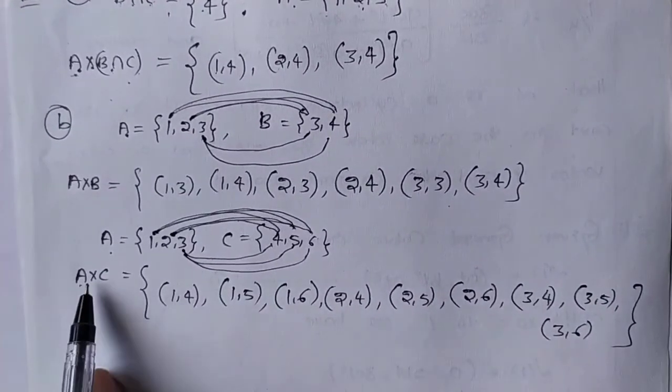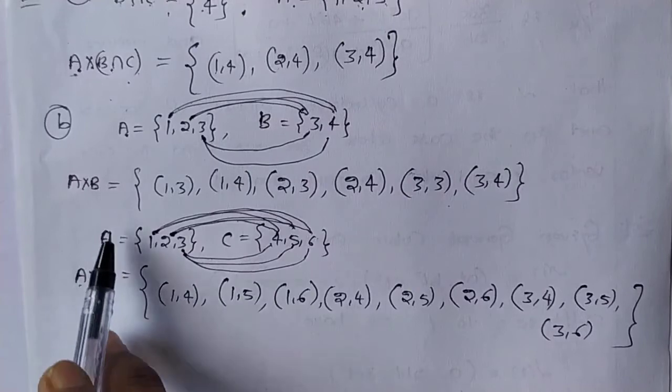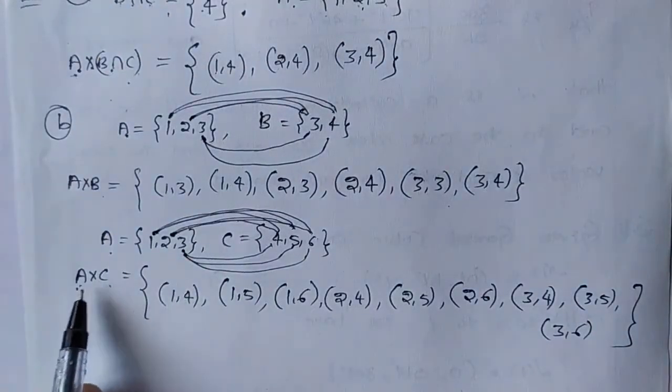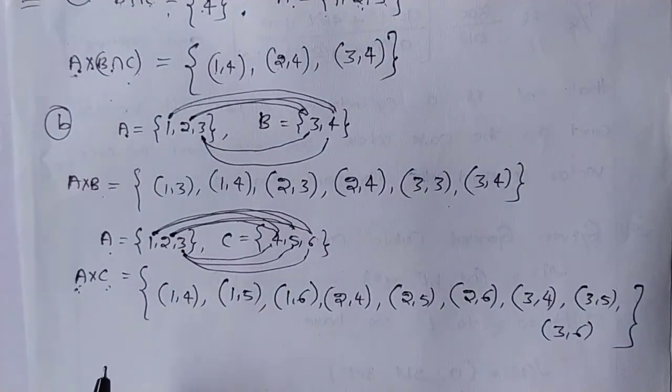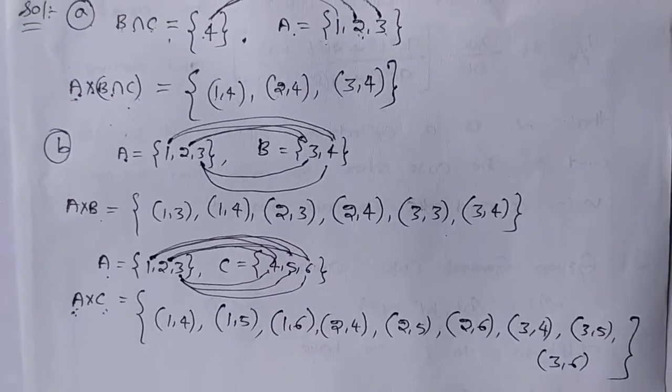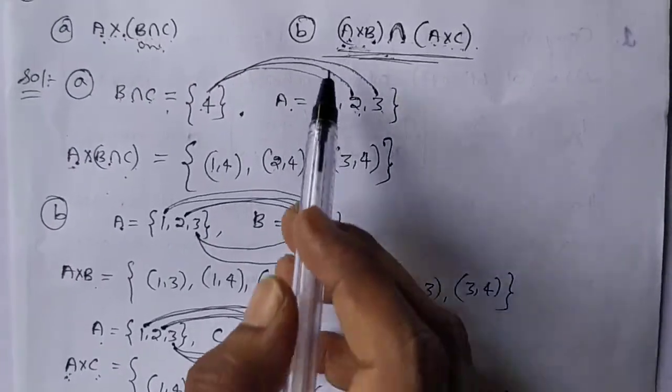It is the Cartesian product of A cross C. Okay, it is A cross B and it is A cross C. Now observe the question B.